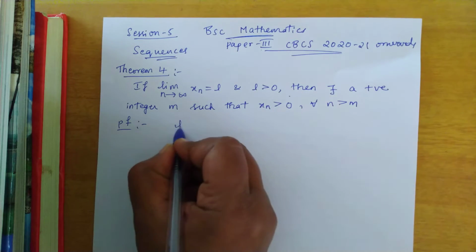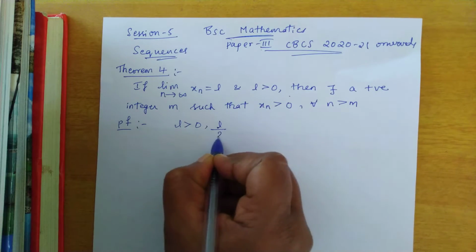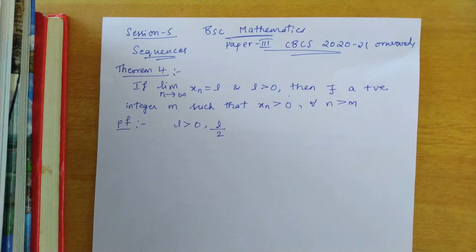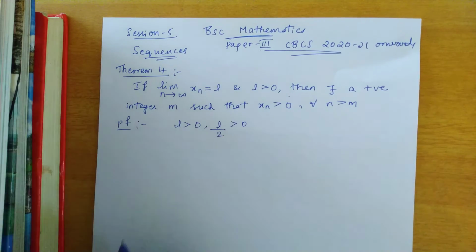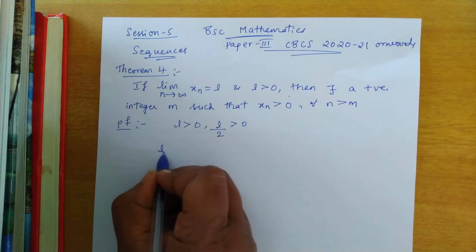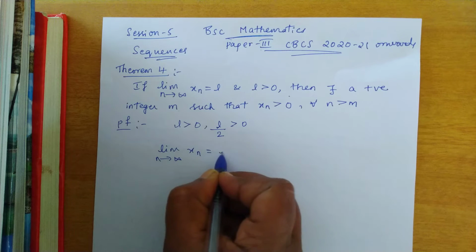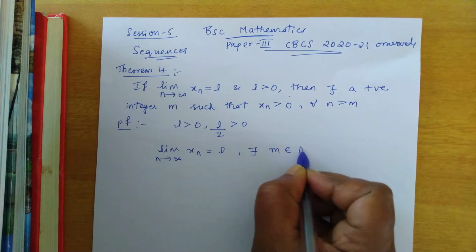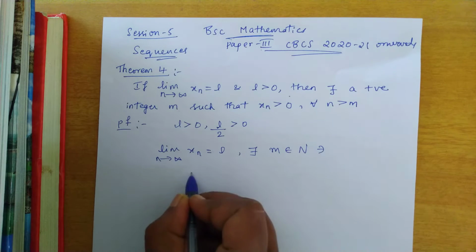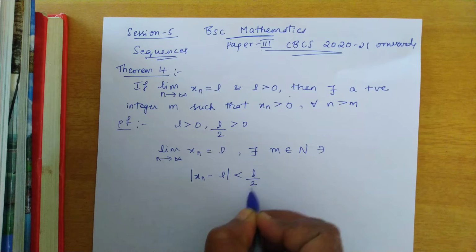So what do we know? L is a positive quantity. If L is a positive quantity, then L by 2 is also a positive quantity. We do agree with this. Now by the definition of the limit of xn as n tends to infinity being L, there exists some m belonging to N such that modulus of xn minus L is less than L by 2.